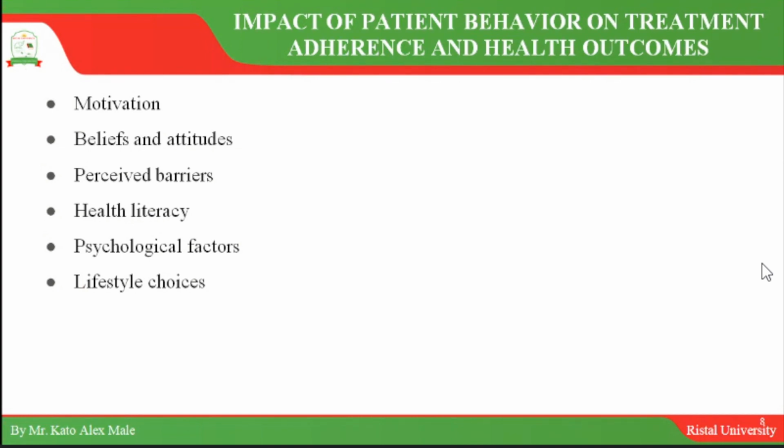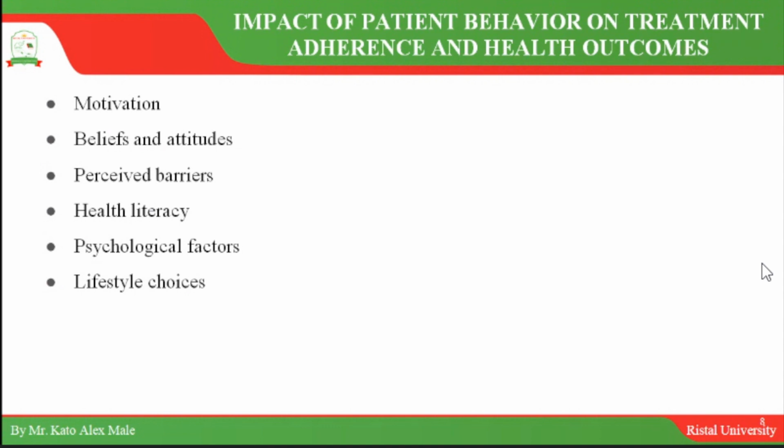The patient might have understood what you're saying, but because they are stressed, they don't take it as if it is crucial. Anxiety: patients who exist with fear. Those are all psychological factors, and in case they are absent, we shall have adherence to treatment. But in case they are present, your patients will hardly adhere to what you direct them to do.